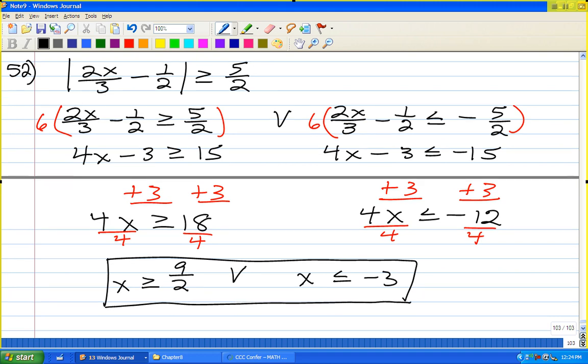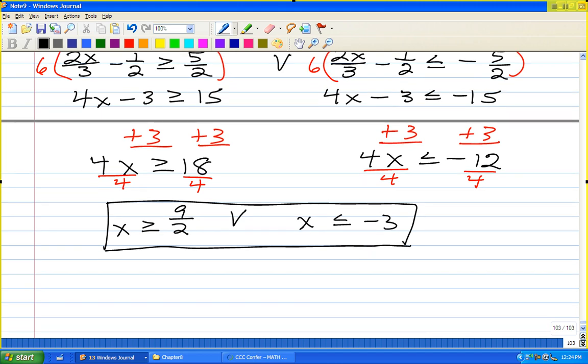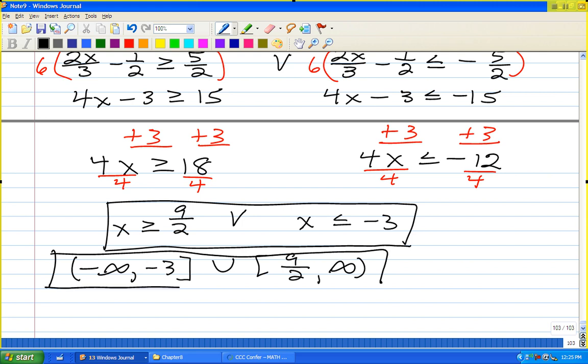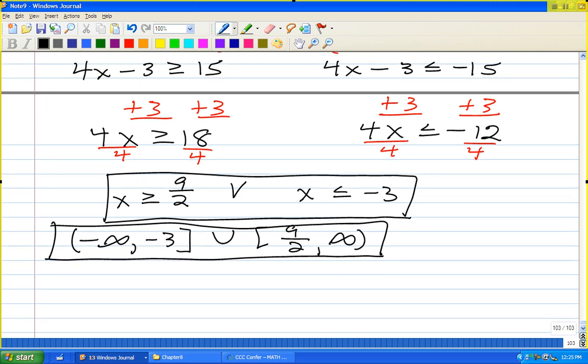So this is the union of the closed interval, negative infinity to negative 3, with the closed interval from 9/2 to infinity. Let's graph this. So I'll put here negative 3, 9/2.